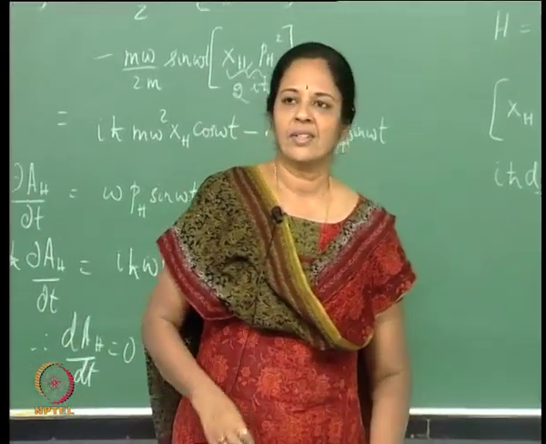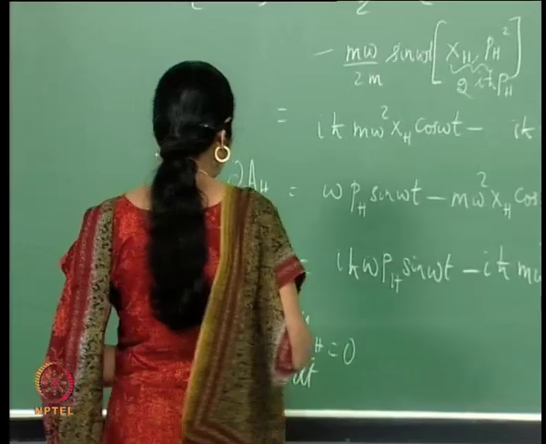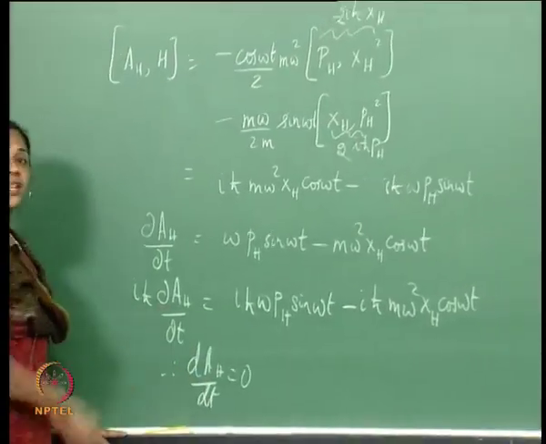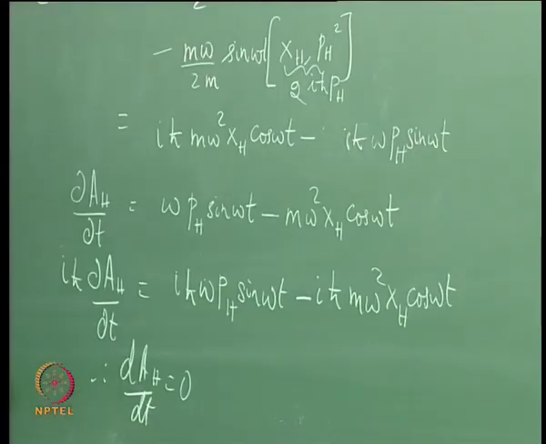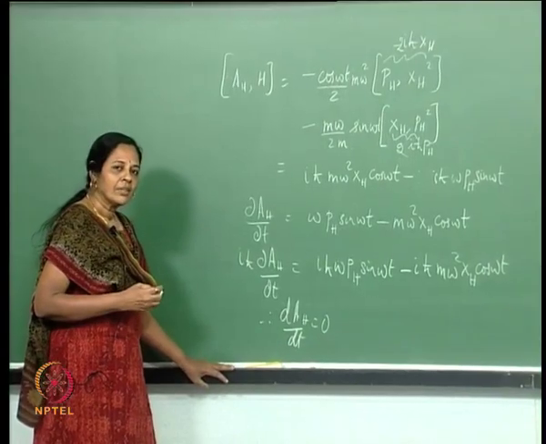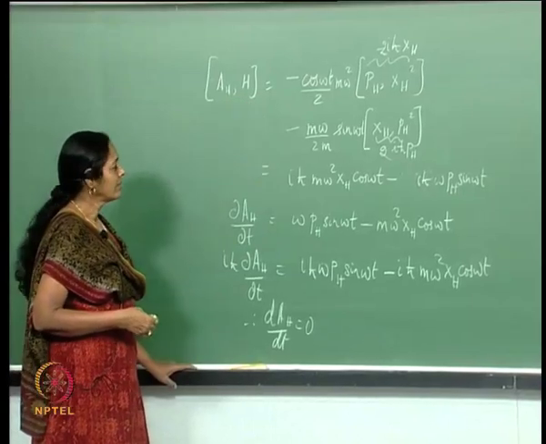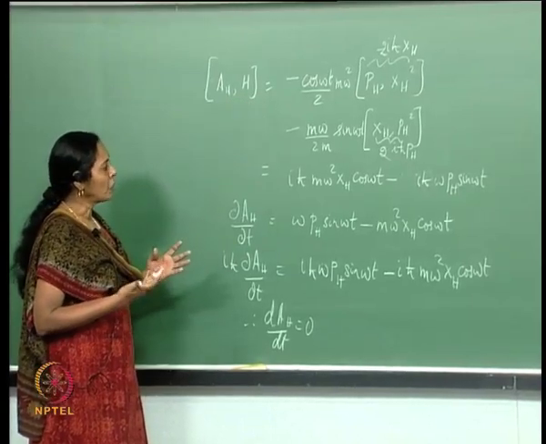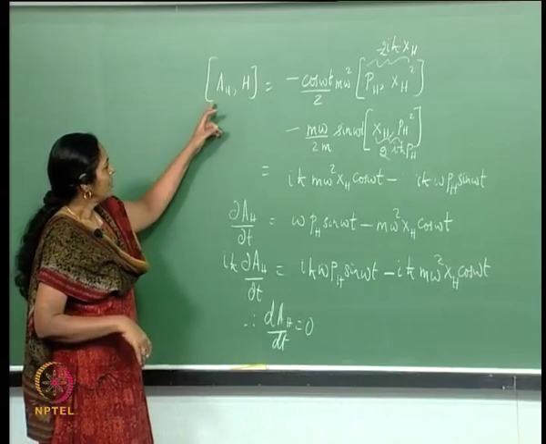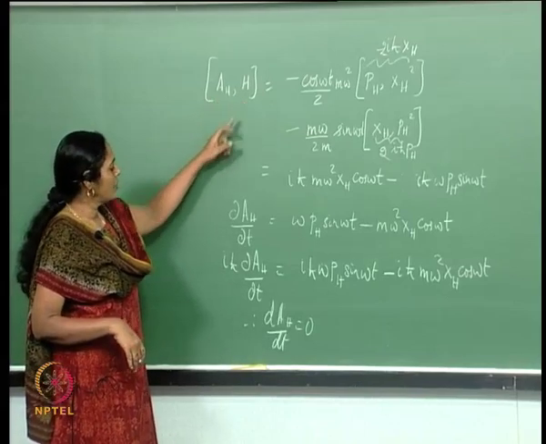What is the point that one is making? A does not change with time. However, that does not mean that it commutes with the Hamiltonian. I have created a situation where the commutator is not 0.